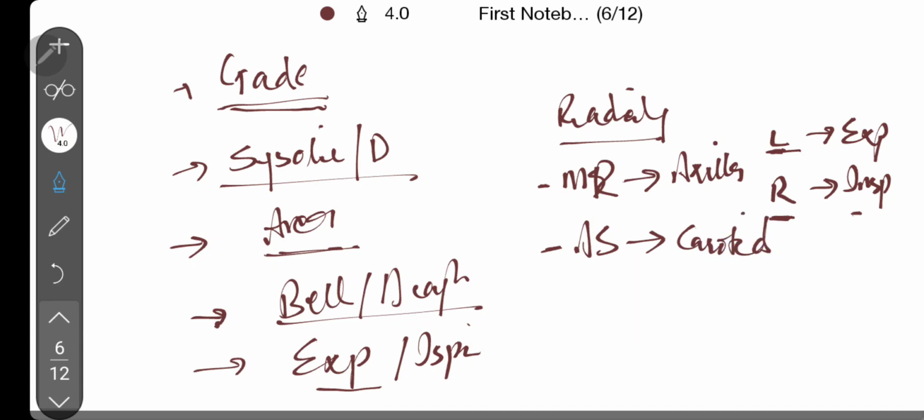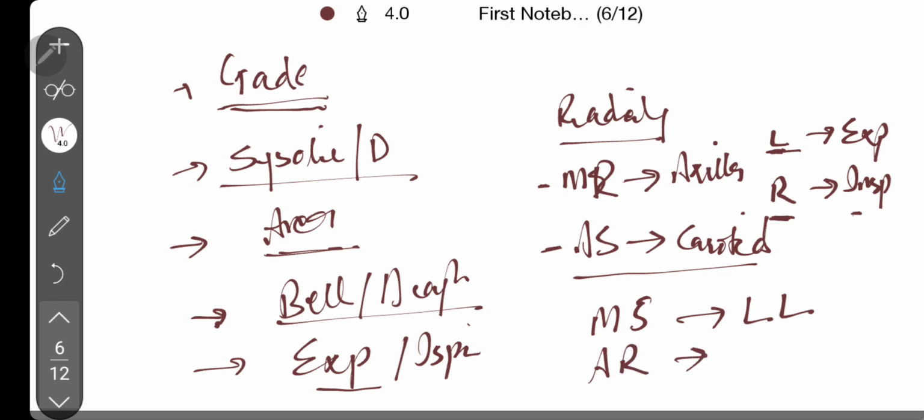So in your description, you can add this. And then the last thing is that some of the murmurs are more prominent in a certain position. The murmur of mitral stenosis is best heard in the left lateral position, and the murmur of aortic regurgitation when the patient is sitting and leaning forward.